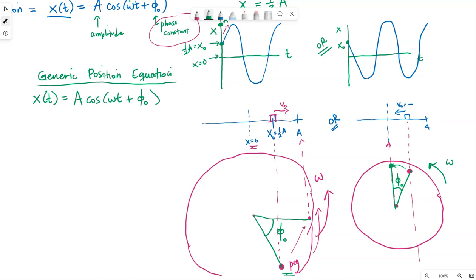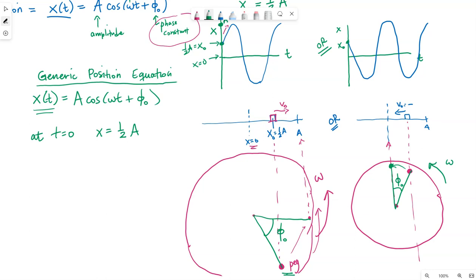What we do to find phi naught is we plug in where the oscillator is at time equals 0. So at time equals 0, in this example, we've said the position is 1/2 the maximum displacement, 1/2 the amplitude.